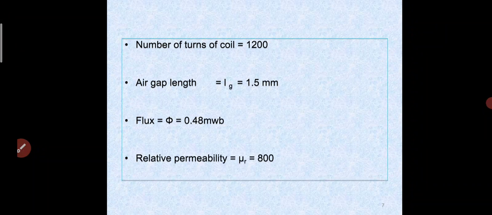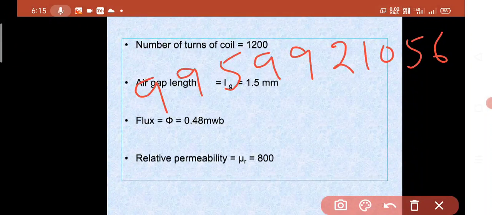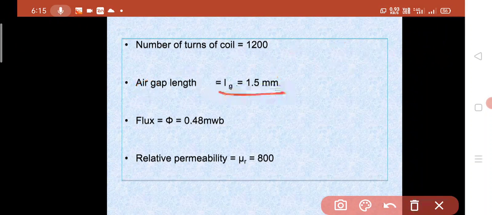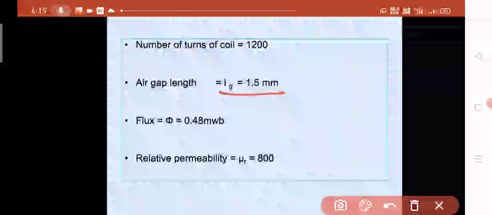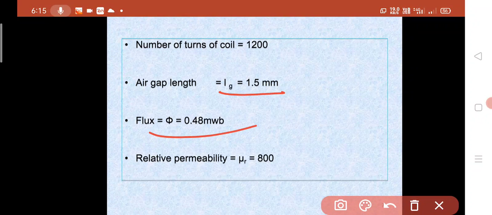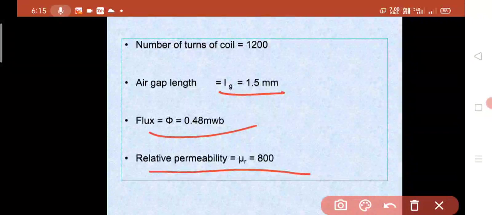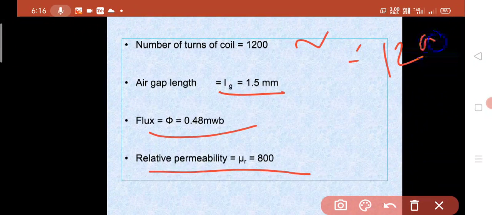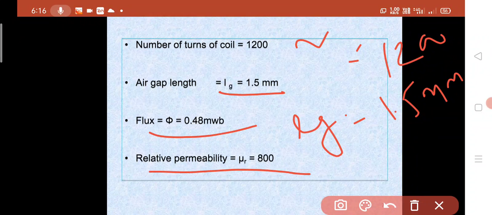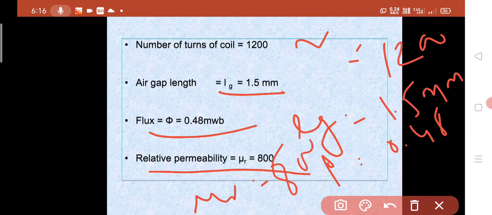Air gap length Lg is 1.5 mm and flux phi is 0.48 milliwebers. Relative permeability mu r is equal to 800.